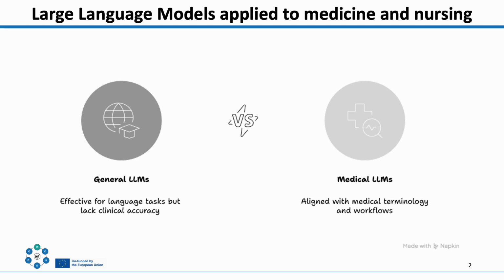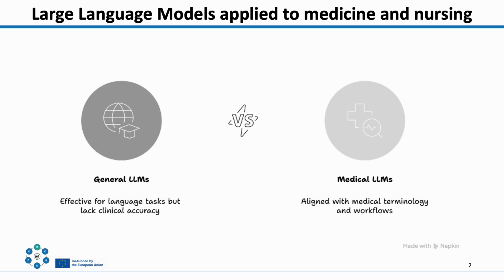General LLMs are trained on very large and diverse datasets, such as books, websites, and general text. They are highly effective at generating fluent language, summarizing information, and structuring text. However, they are not specifically trained for clinical accuracy and may lack awareness of medical priorities and safety considerations.